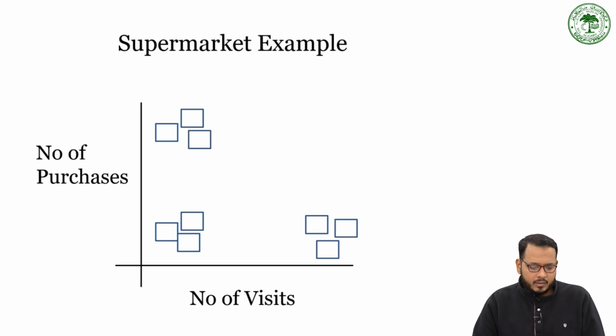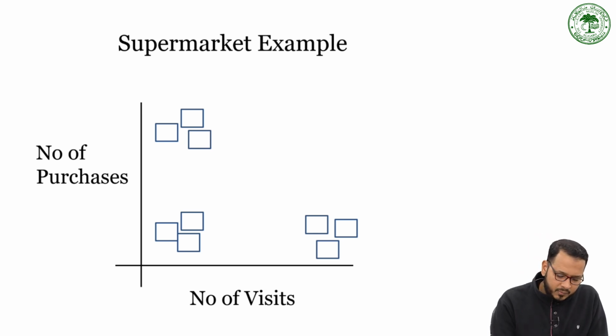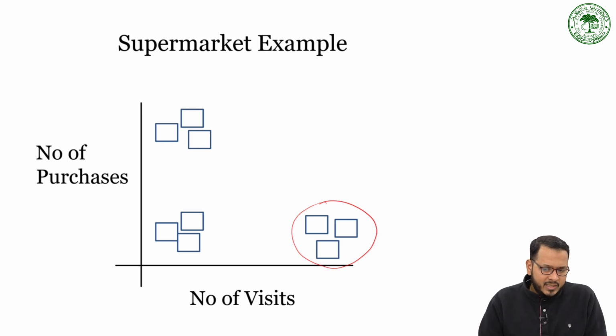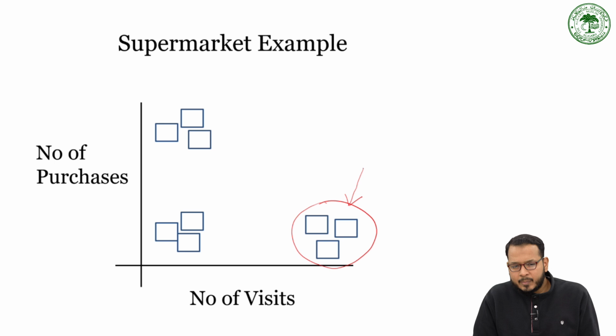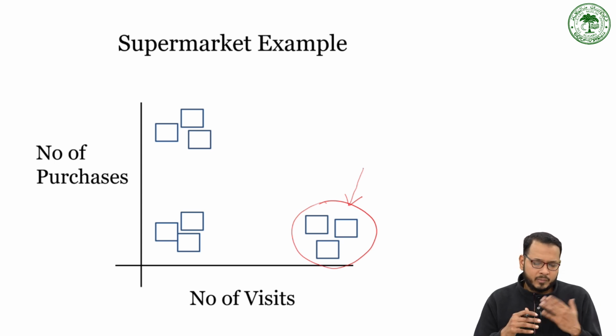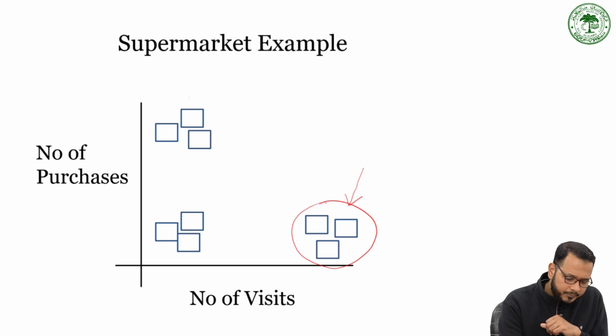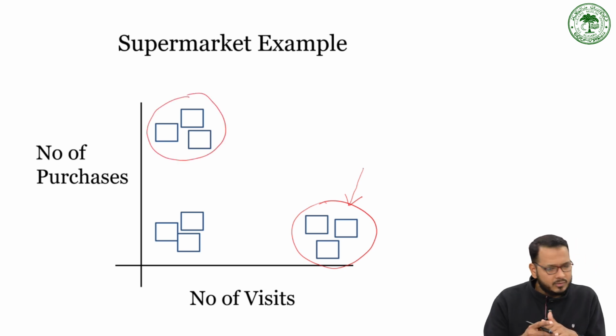Yes, we can. If you look at these groups, we do not know their labels because the data is unlabeled. But this group here seems to have a similarity among them, and they tend to be very close to one another and far away from the rest of the data points. The same goes here also.